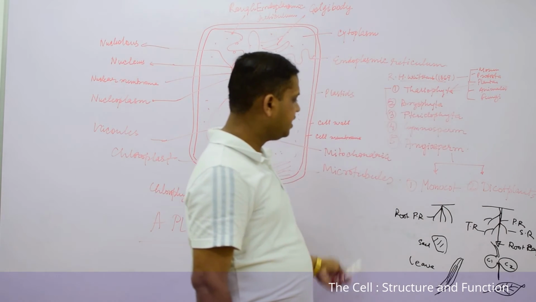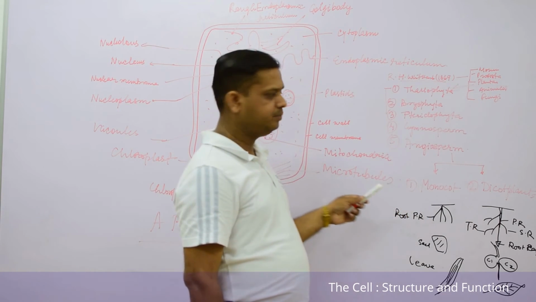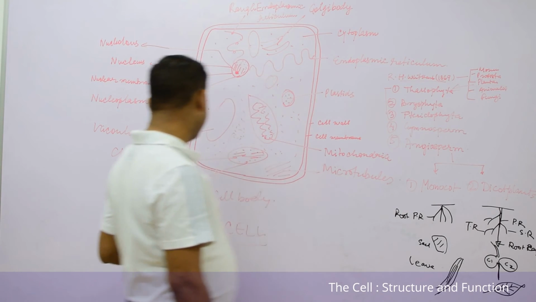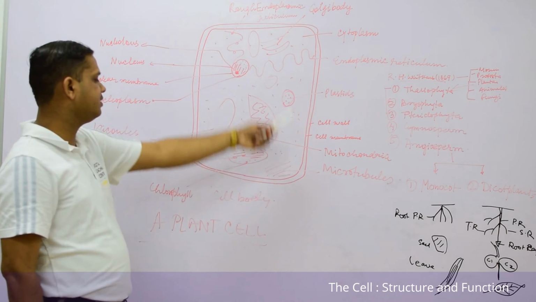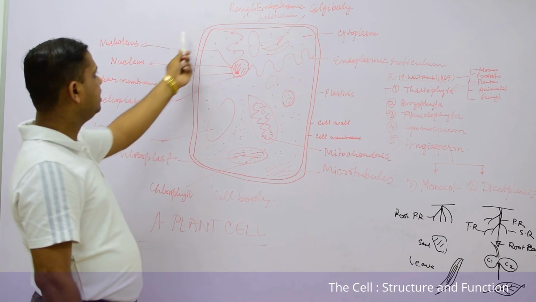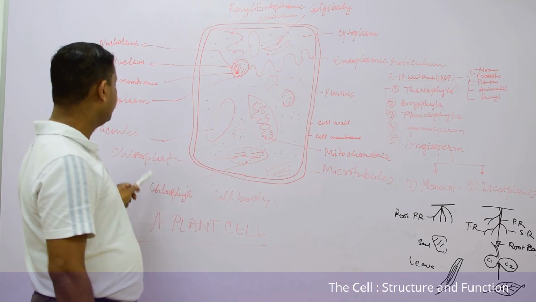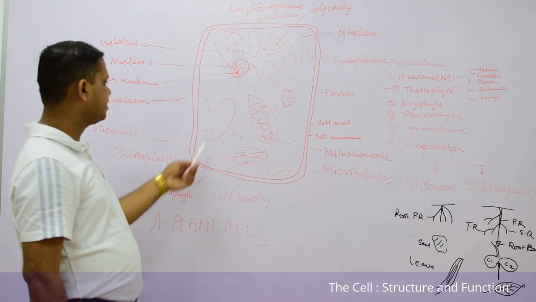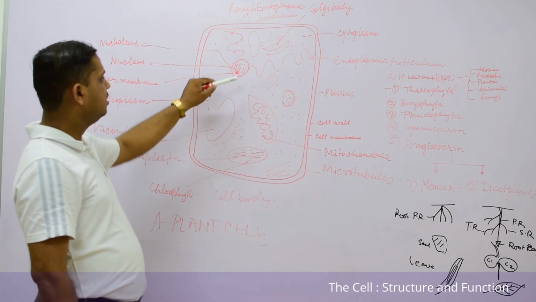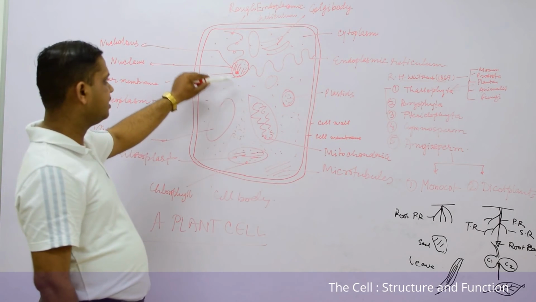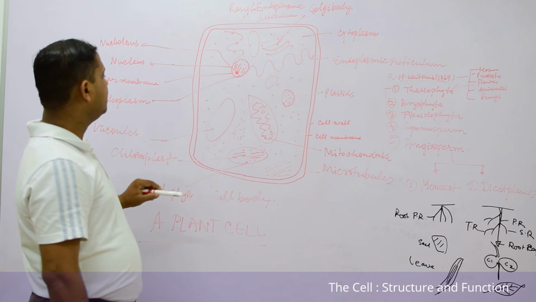In all these plants, the cell found is known as the plant cell. Here we see the structure: they have different well-defined cell organelles, basically the chloroplast, a large number of vacuoles, and the nucleus is not at the center but at the side of the cell.